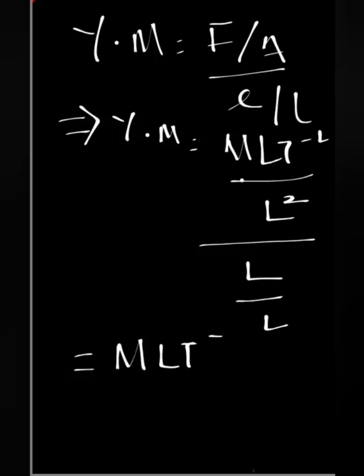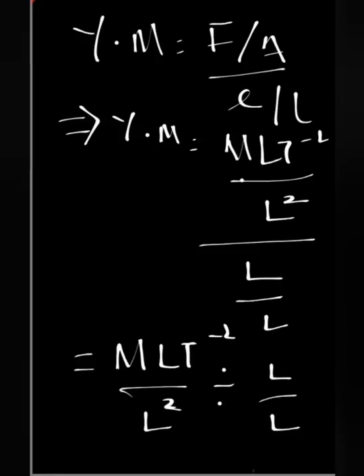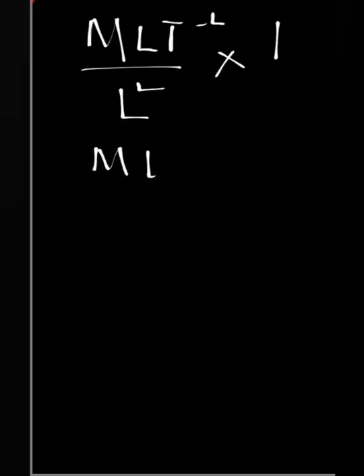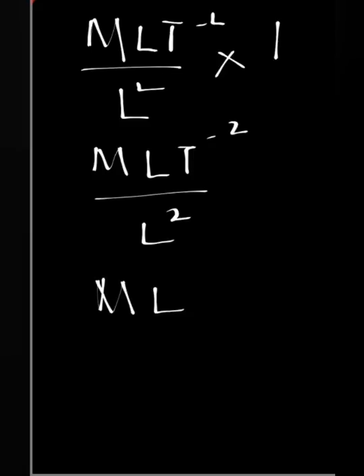MLT raised to power minus 2 divided by L squared, then divided by L over L. So that we shall have MLT raised to power minus 2 divided by L raised to power 2, and of course L divided by L gives 1, so that we have MLT raised to power minus 2 divided by L raised to power 2, and by indices we shall have ML raised to power minus 1 T raised to power minus 2, which of course gives the same as what we obtained for pressure.